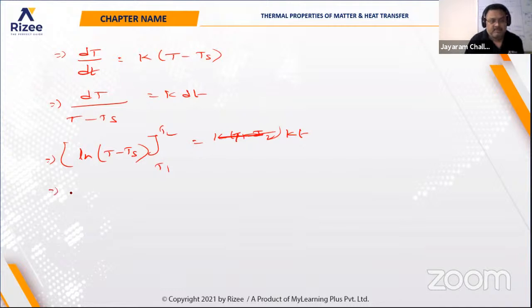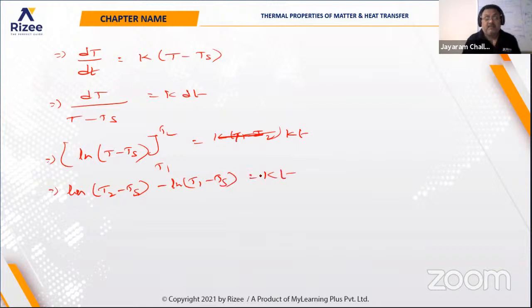Now if I substitute in this, it will be ln of T2 minus Ts minus ln of T1 minus Ts is equal to kt, with a negative sign obviously flowing over there.